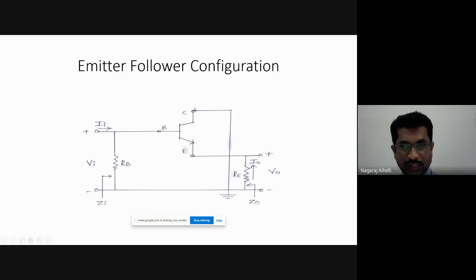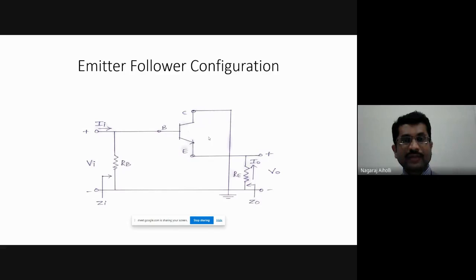Is it not? As the collector terminal is common to both the input portion and the output portion of the circuit, the emitter follower configuration is also called the common collector configuration.